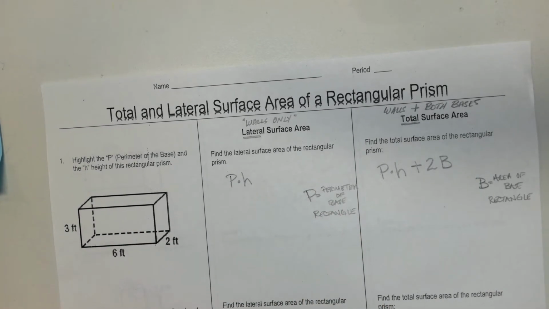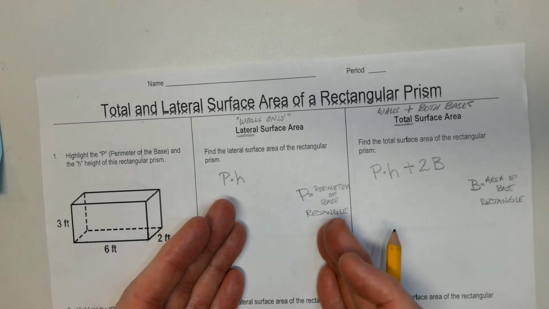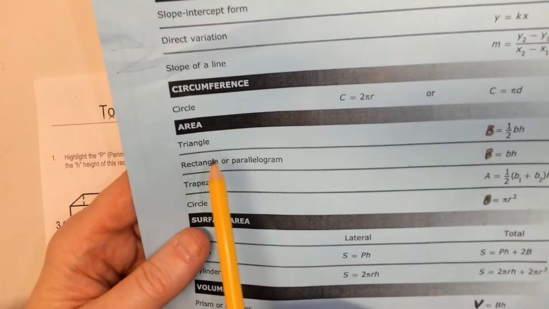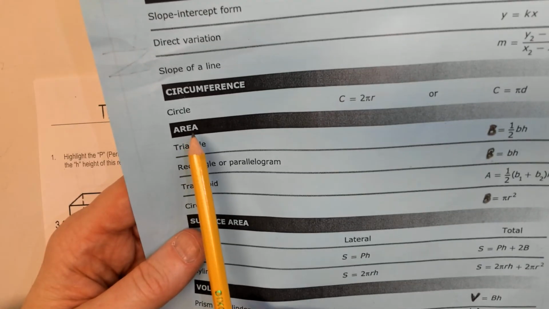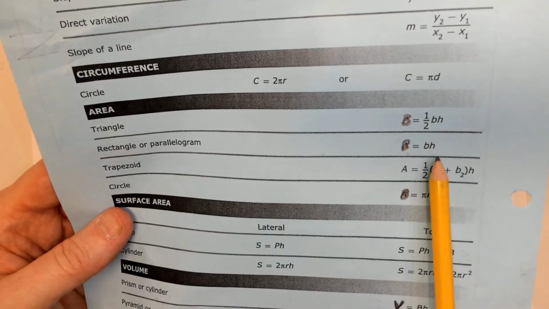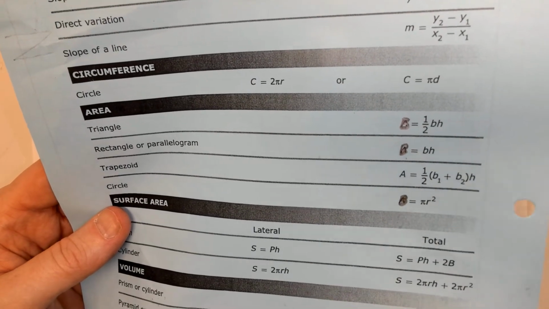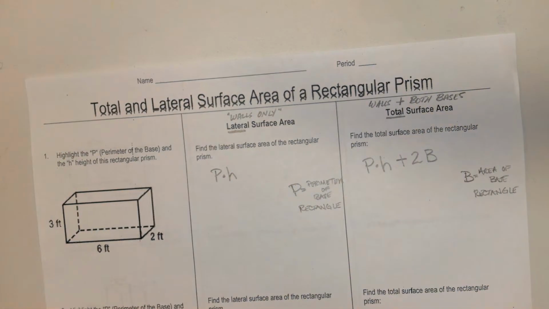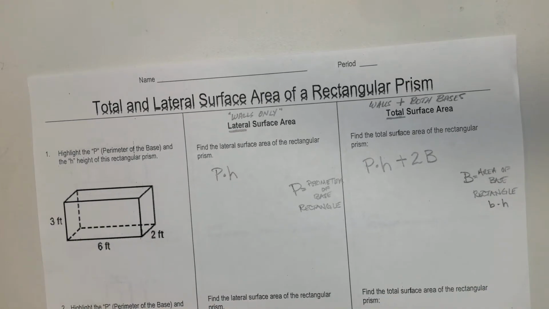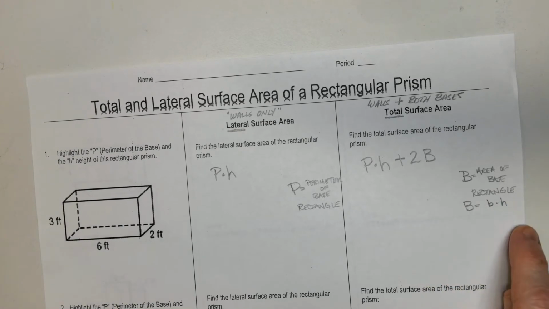Now, if we're talking about area of this base versus perimeter of this base, if you need the formula for area of a rectangle, it's going to be on your formula chart. You can go to area, down to rectangle, and go, oh yeah, it is simply baseline times height line, which you were taught as length times width. Same thing, right? It's just, now we're going to call it baseline times height line. That's the formula that is associated with the capital letter B.